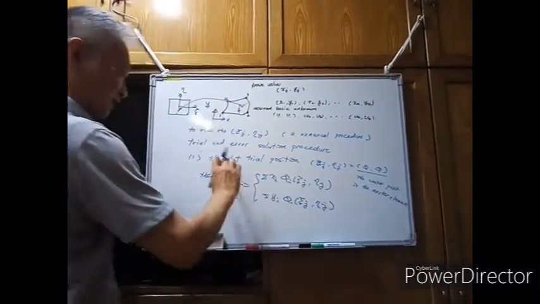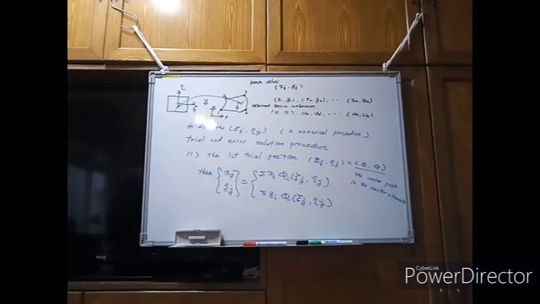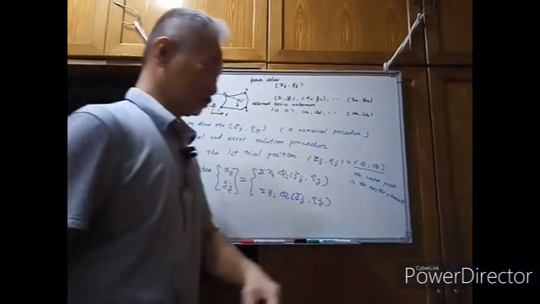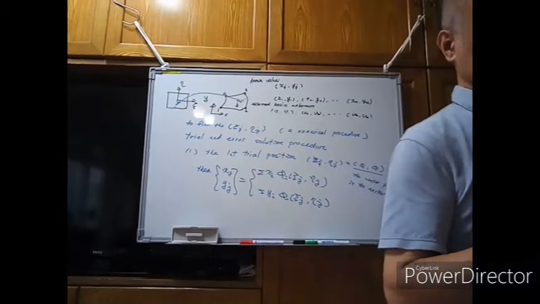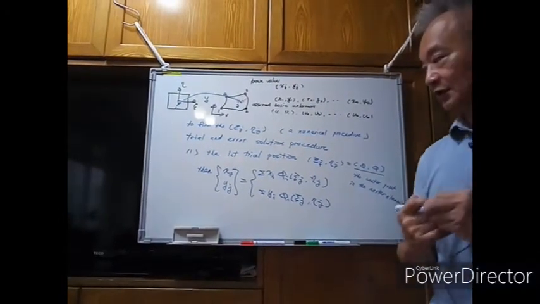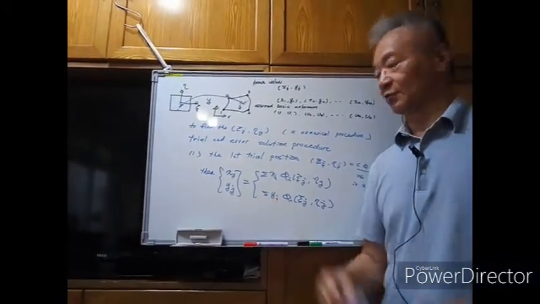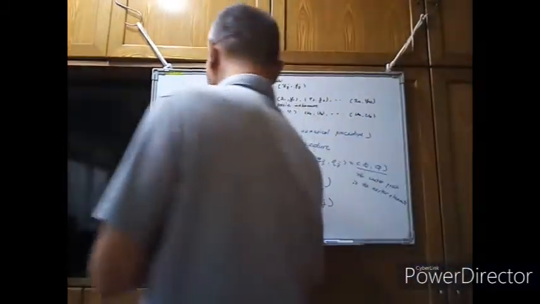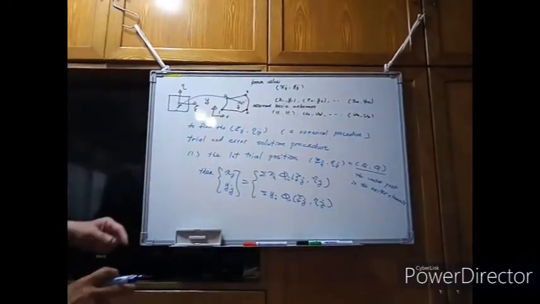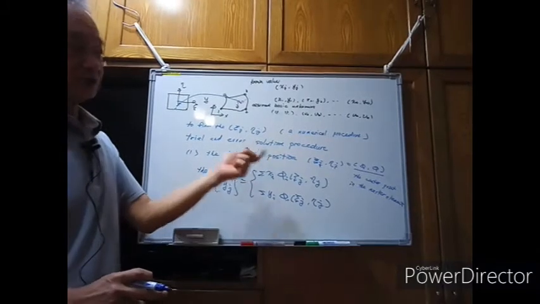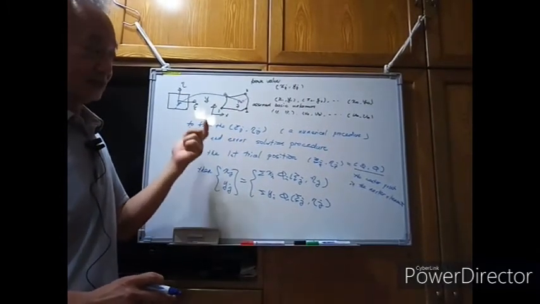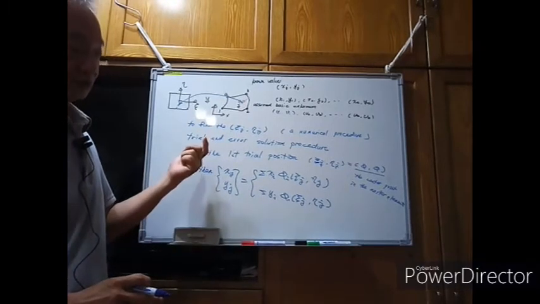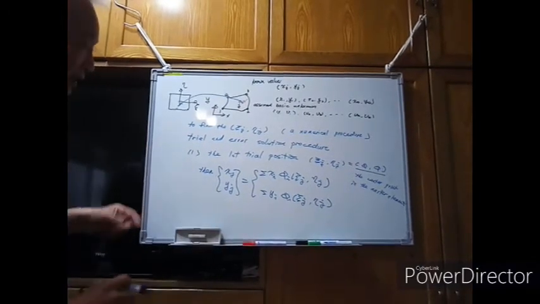Okay, so we can calculate, if the trial location for the j point is 0 and 0, then we can calculate the corresponding xj and yj. But you cannot expect the first trial location to be exactly the result point you would like to get.